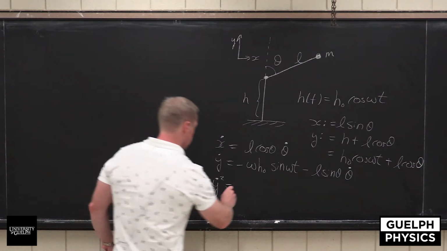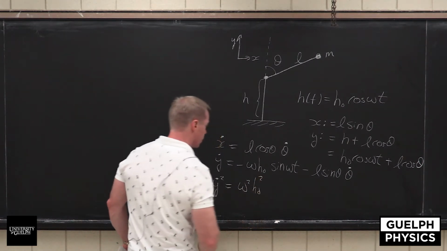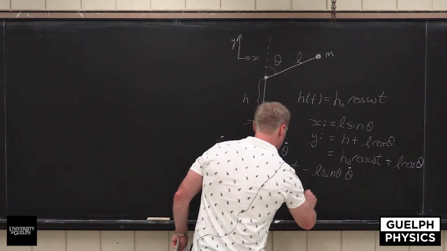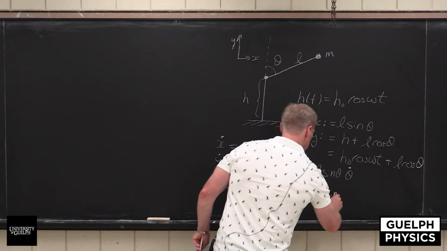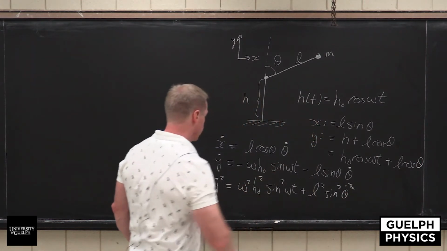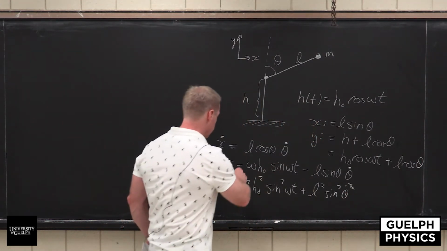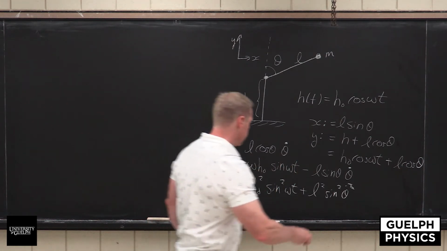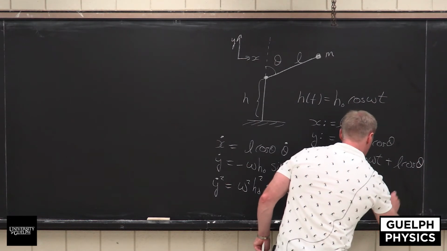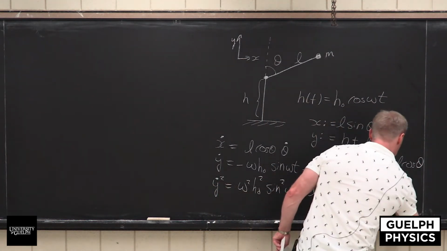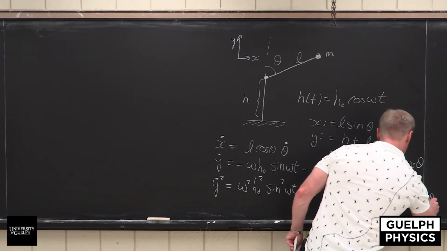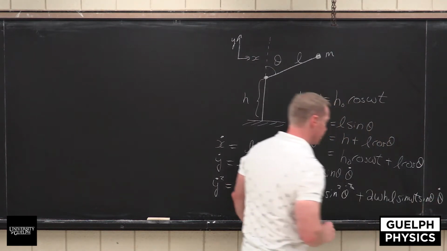Y dot squared, omega squared, h naught squared, sine squared omega t, and there's an L squared, sine squared theta, theta dot squared, and then there's the cross term, but I have a minus and a minus, so it will be plus 2 omega h naught L sine omega t sine theta, theta dot.